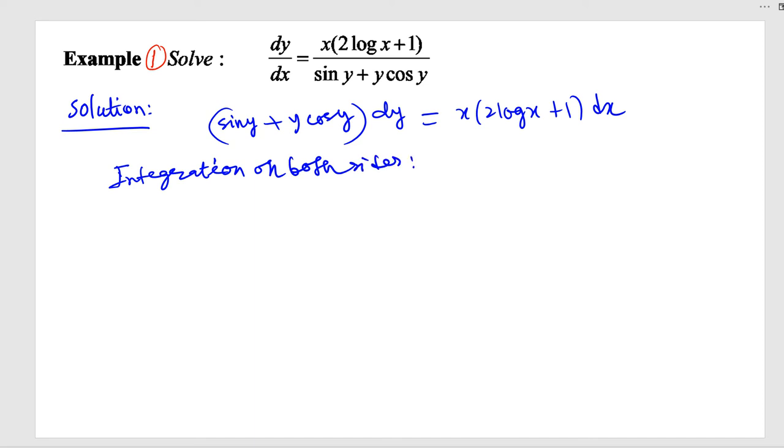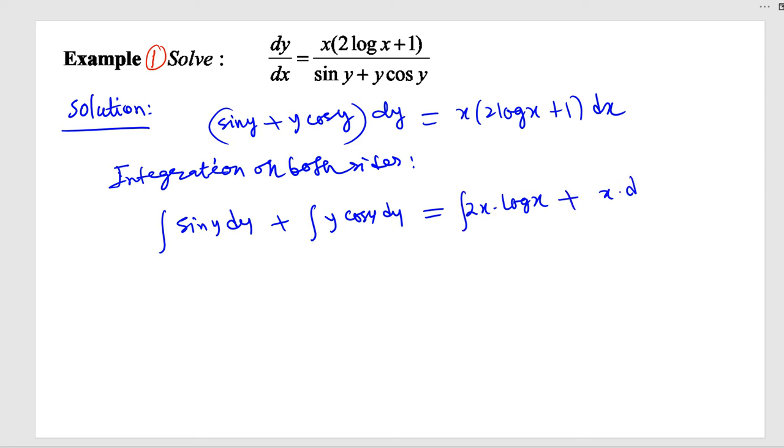We have sin y dy plus integration y cosine y dy equals 2x log x integration plus x dx integration.